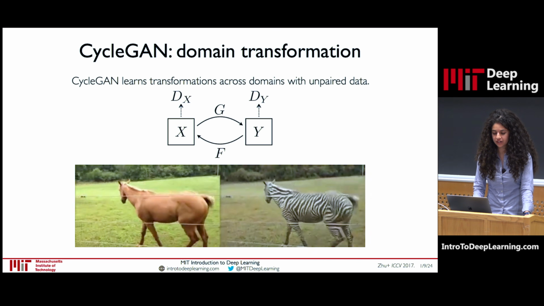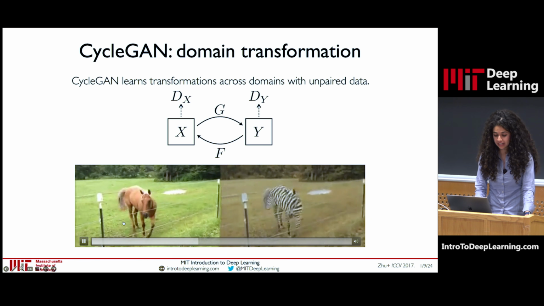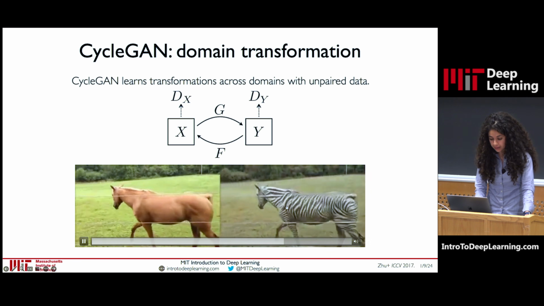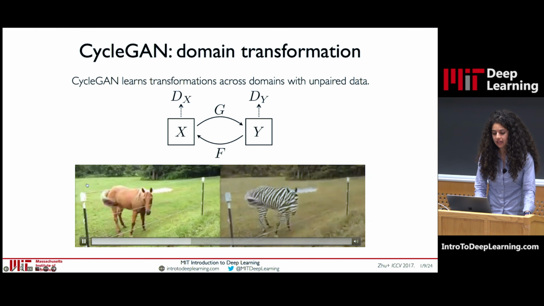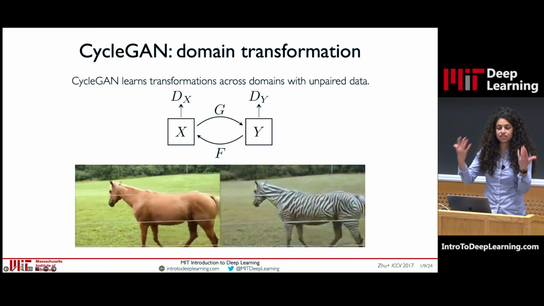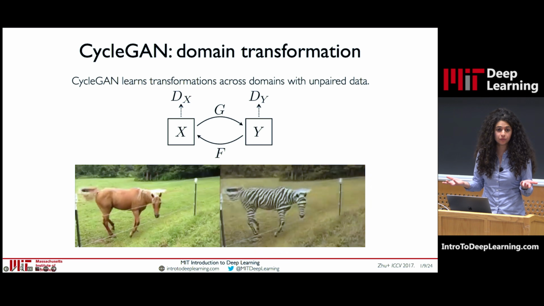So notice here, right, in this example, there's not only the transformation of the skin of the horse to stripes, but also the grass is looking different, it's less green, and so it's the entire transformation of the image distribution itself, right?